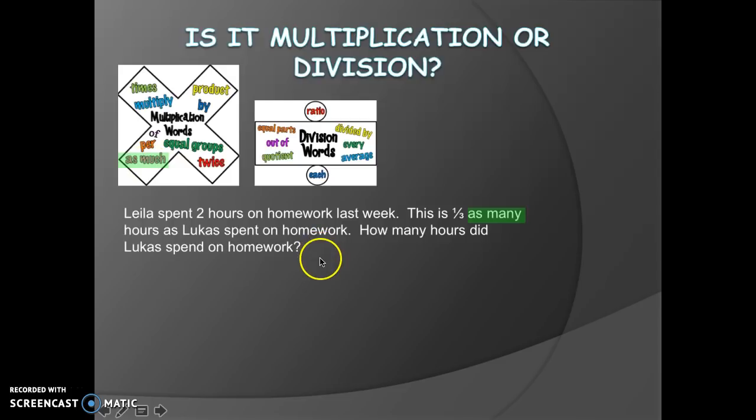So how many hours did Lucas spend? Well, if we take a third of whatever Lucas spent, it's going to equal 2. And then we'll find out that he spent 6 hours on his homework. Okay, a third times 6 is 2, the 2 hours that Layla spent.